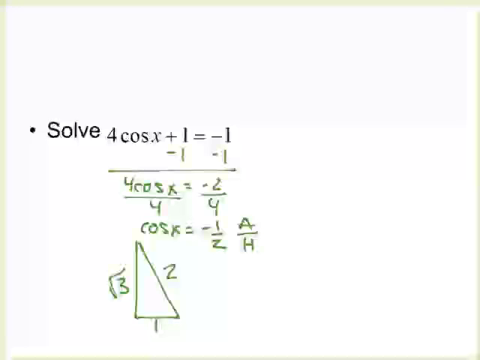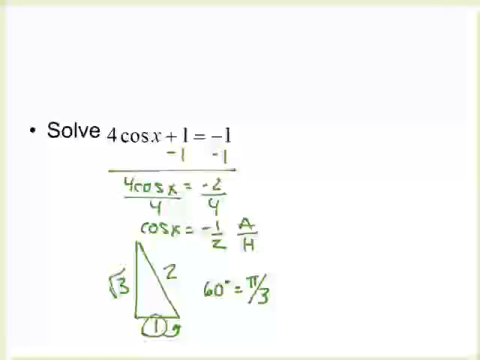Because cosine talks about adjacent, and our value was 1/2. So I want to be adjacent to that 1. What angle is right there next to the 1? The 60, which is equal to, in radians, pi over 3, because 60 goes into 180 3 times. That's step 2 to find our angle from our special triangles, either 30, 60, 90 or 45, 45, 90.